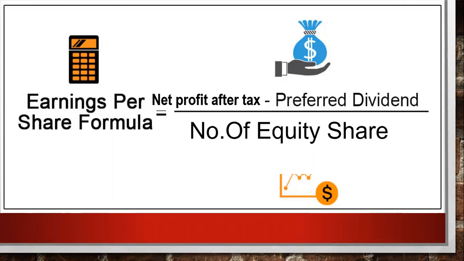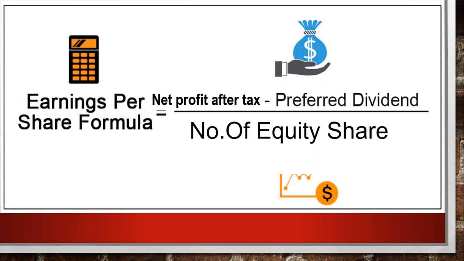So we have to deduct it here, because earning per share is calculated for the equity shareholders. They will check, after earning the net profit and paying the tax to the government, how much is available for the equity shareholders.